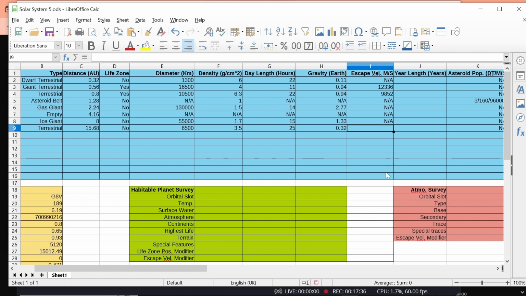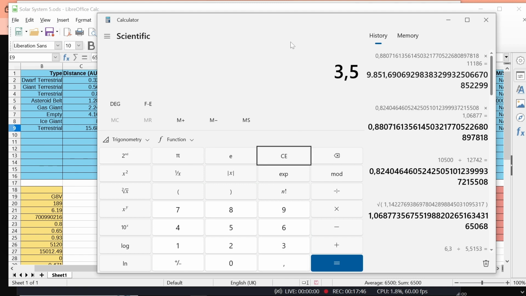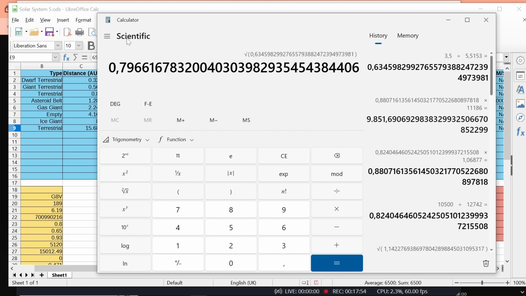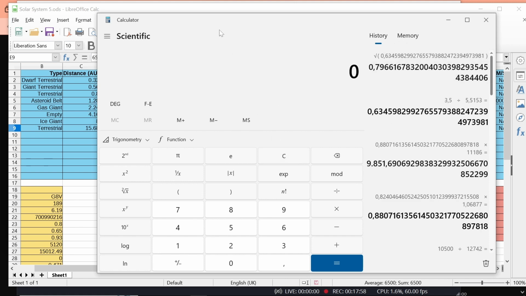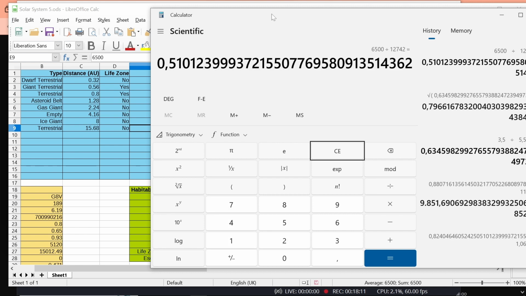Terrestrial, the last one. So we have a density of 3.5. We have a diameter of 6,500. Let's see. 3.5 divided by 5.5153 equals, take the square root of this number, that's it, 0.7966. The diameter, again, was 6,500. Divided by 12,742, and that equals that.